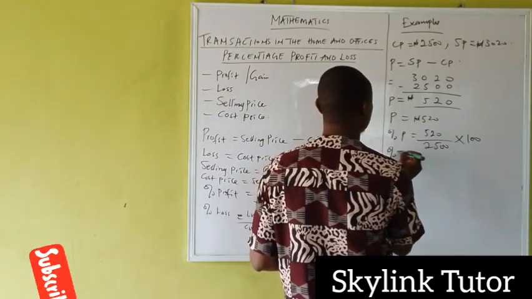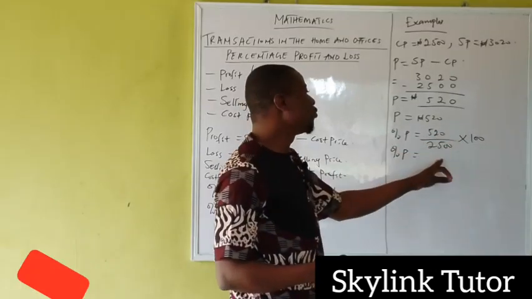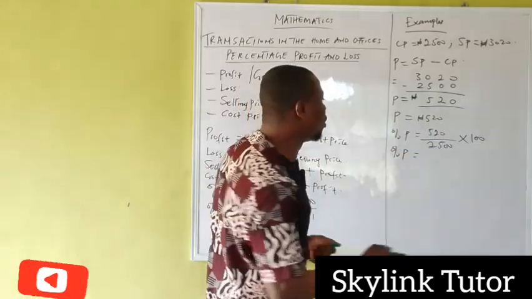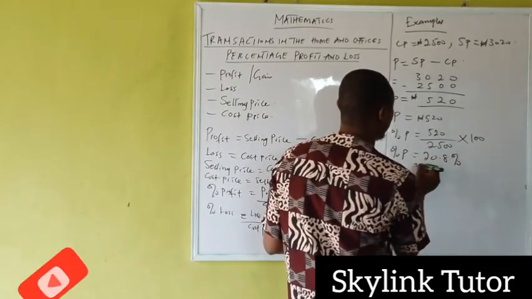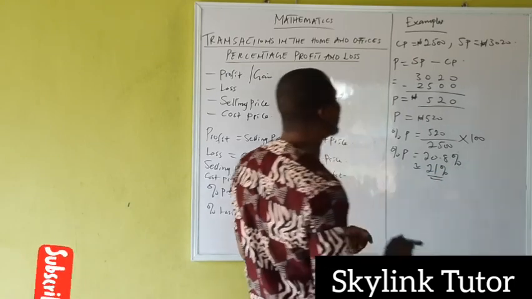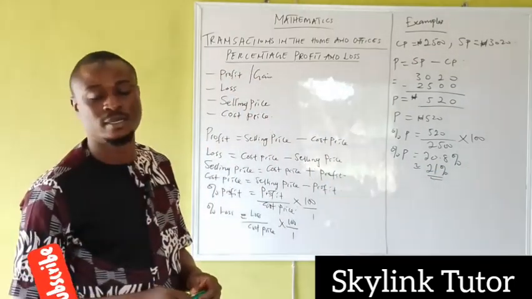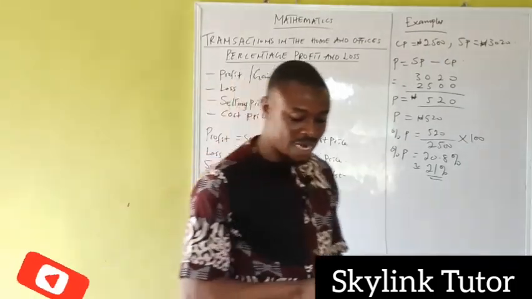So your percentage profit is going to give us 20.8%. Approximately that is 21%. So it means you are making a profit of 21%. That is the meaning. Okay.